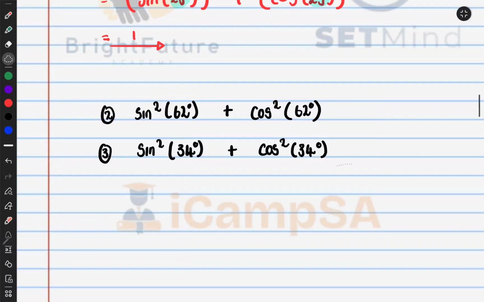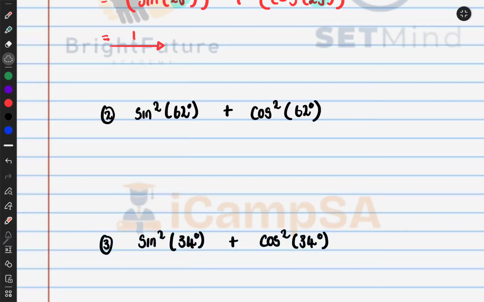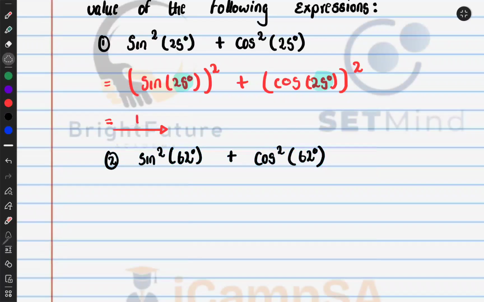Okay, next, what do we have here? What we have next is sine squared 62 plus cos squared 62. As I said, the way you punch this in the calculator, you say sine of 62 degrees, everything in brackets squared, plus cosine of 62 degrees, everything in brackets squared.